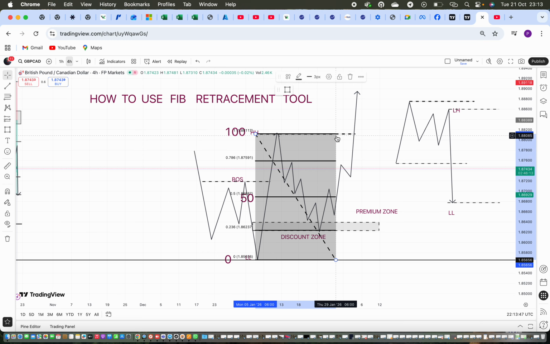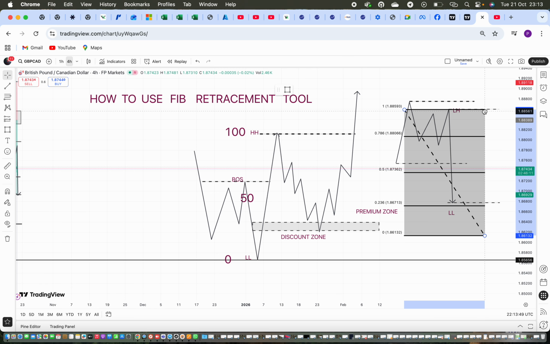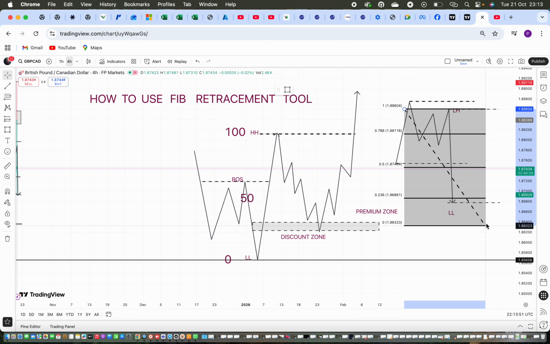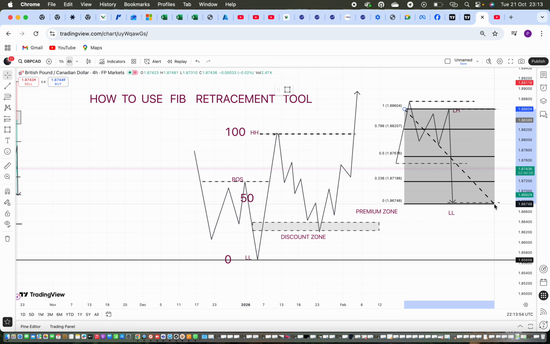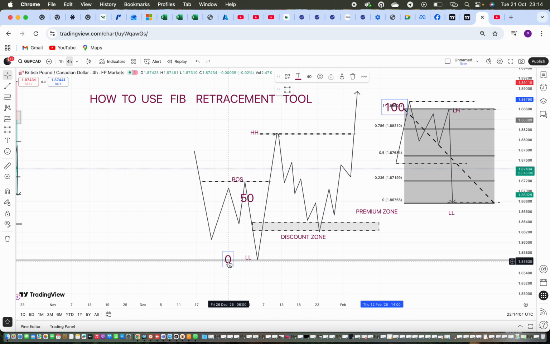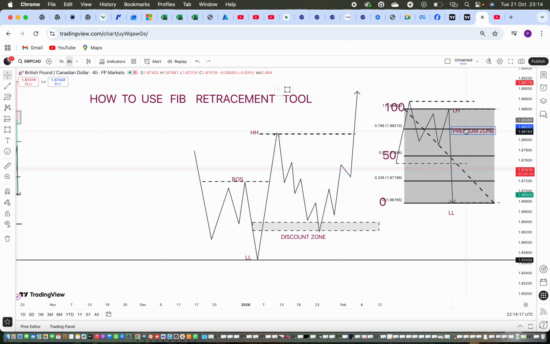Now what do we do? We take our Fib 2, we apply it there, and remember, this very level will be our 100, the lower part will be our 0, and the midpoint, which is our 50, will remain our 50. Same thing applies. We want to sell from a premium zone, which is around somewhere here.